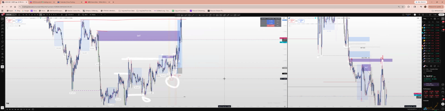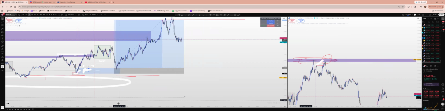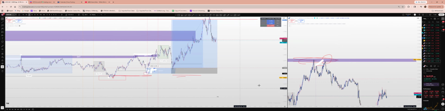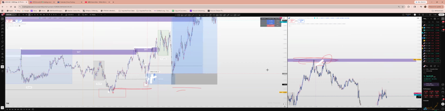I'm looking for a continuation. I'm not going to stress it out too much, and I'll just look to enter from areas like this. I'll look for inducements that make sense, 50% of the dealing range, and I'll find my zone, and I'll execute, for example, like this. Obviously, I didn't take this trade because I don't trade.